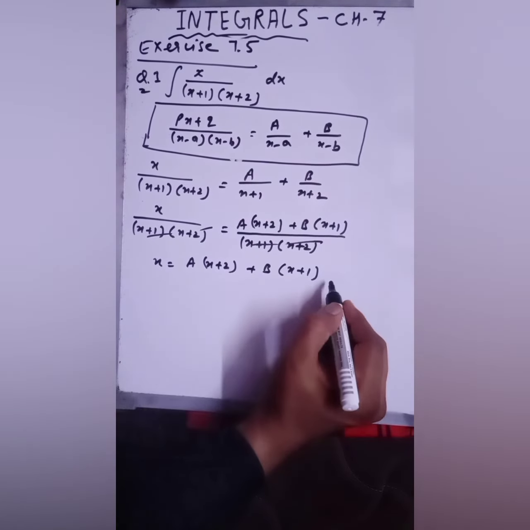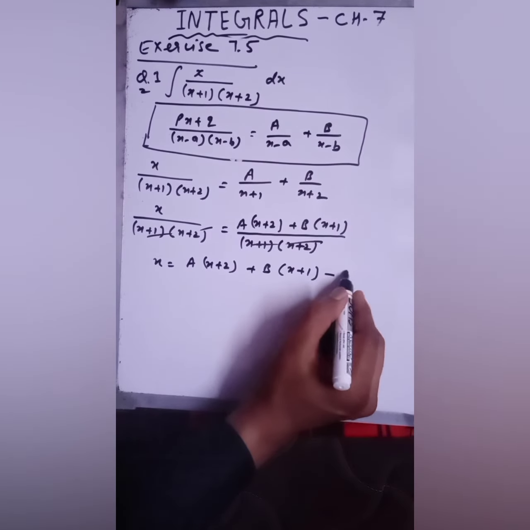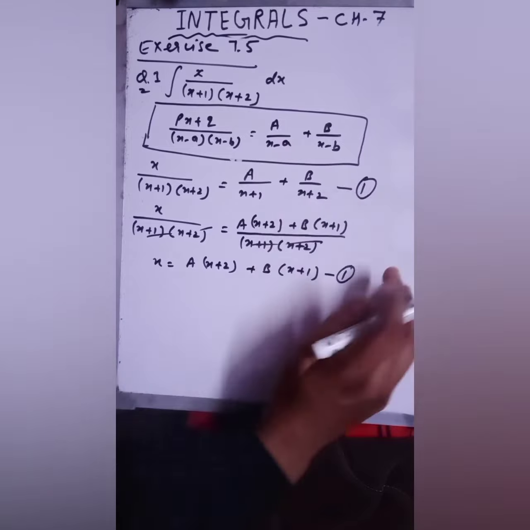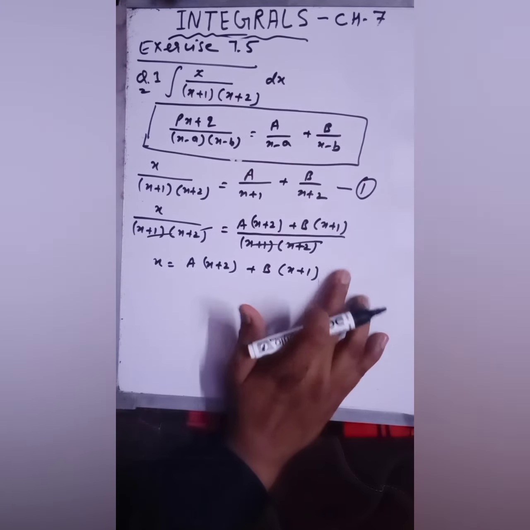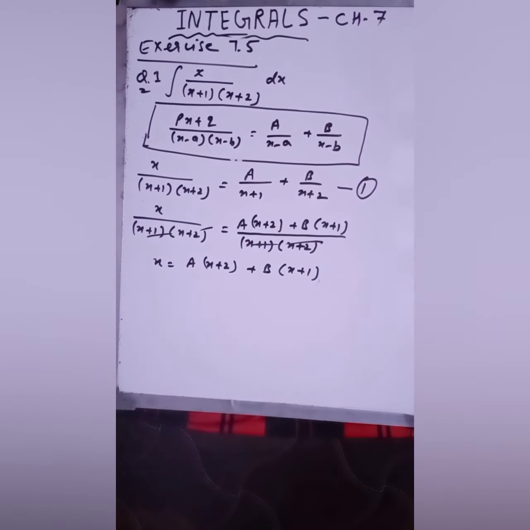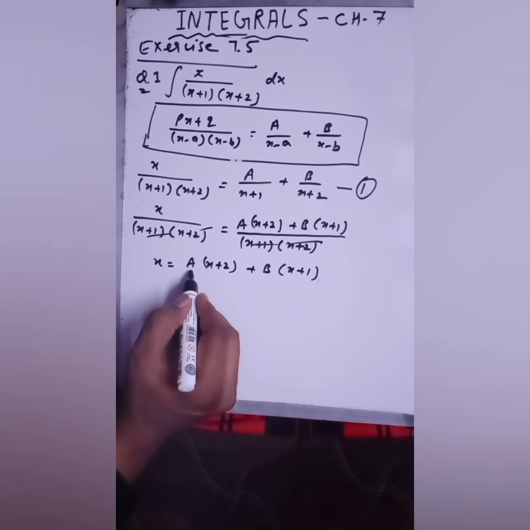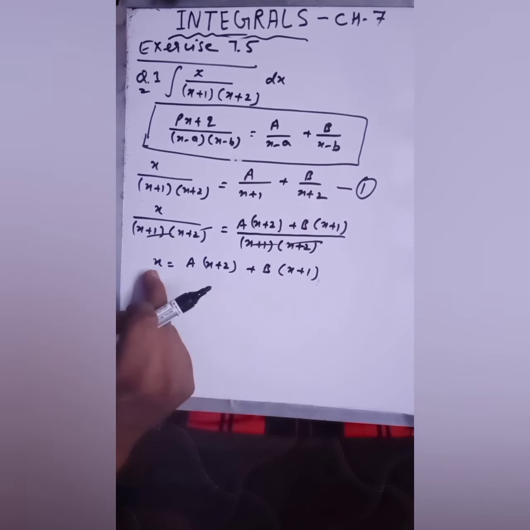Now you can solve this equation number 1. Actually this is your equation number 1, and there is no need to give a name to this equation. So here what I am doing, I am comparing the coefficient of x on both sides. The coefficient of x here is 1, that is equal to the coefficient of x, which will be a here.